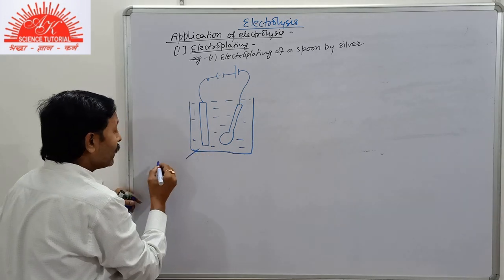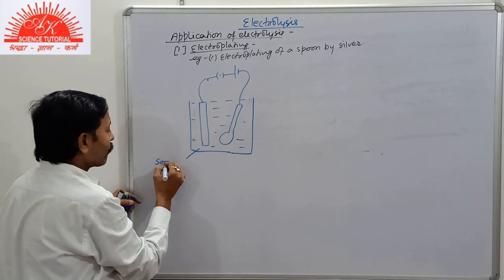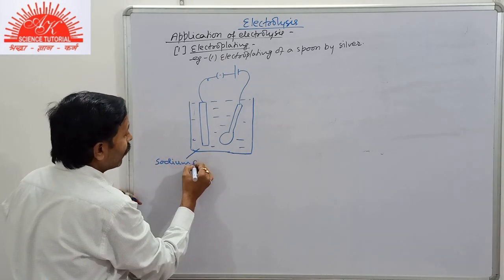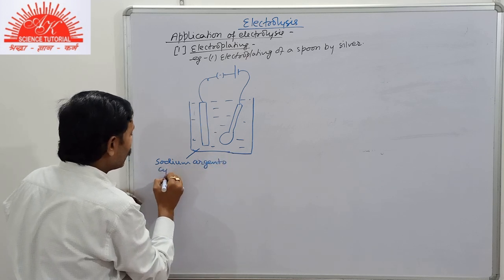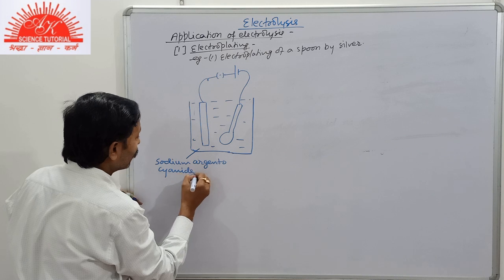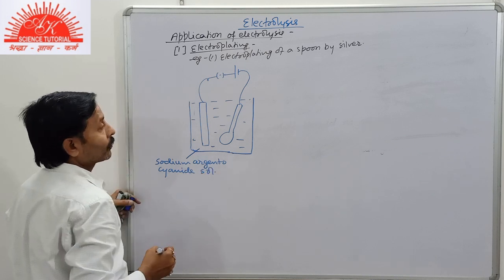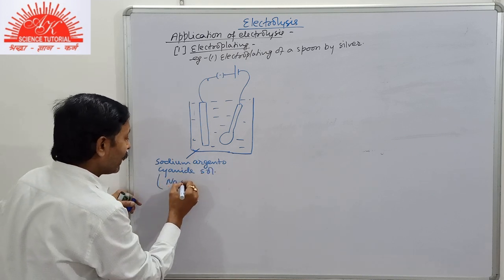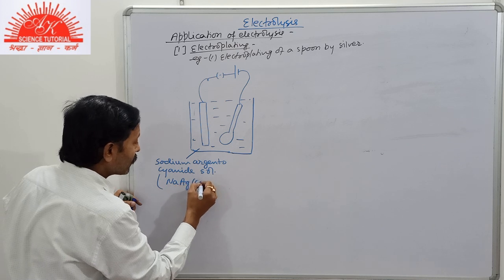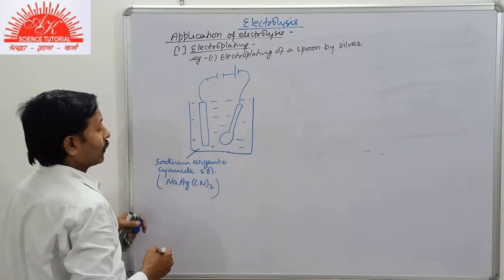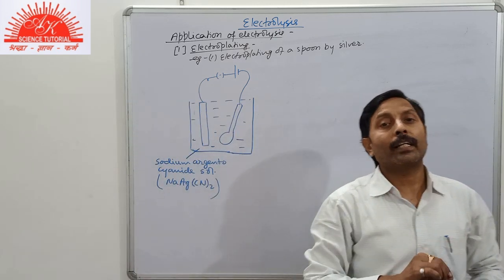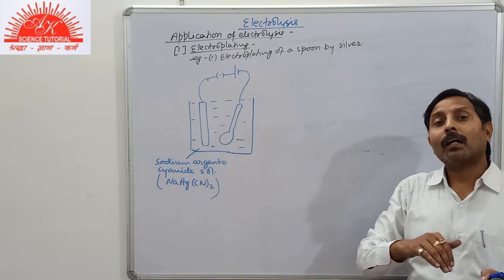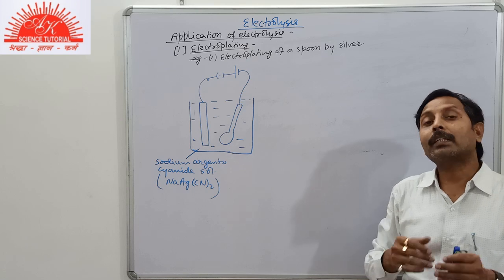Then we take here sodium argentocyanide solution, that is NaAg(CN)2. Now silver nitrate is a strong electrolyte, but it is not used.